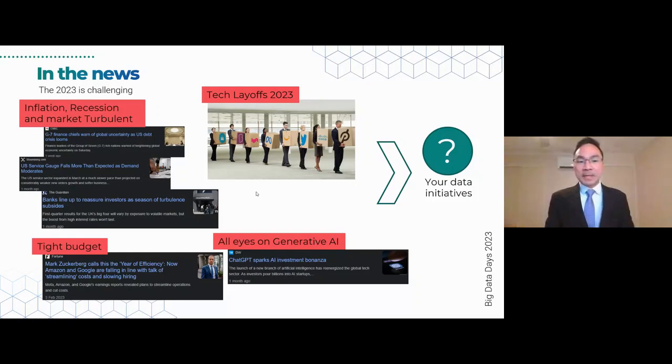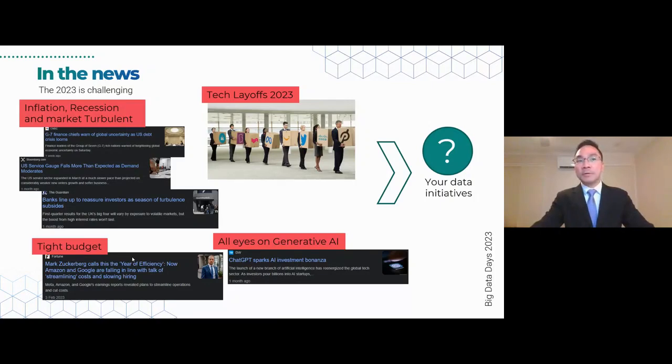We talk about the big 4 in the US, like Meta, Microsoft, Google, and even Amazon. Then all the way to China, where their IT titans also had to go down the same pathway with layoffs. Then in terms of budget for business operations, it is definitely challenging.